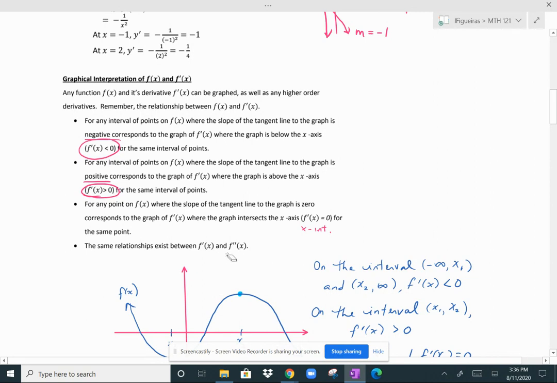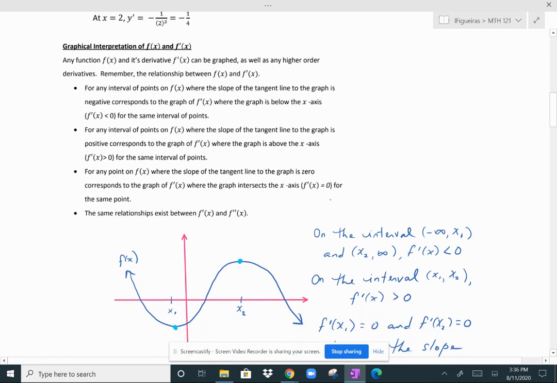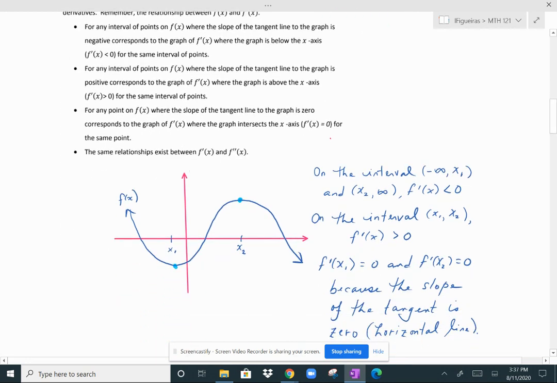All right, so let's try to explain that on a graph so that it makes more sense to you. So notice that I've drawn here a graph, f of x, that's in blue. And I have two values represented on this graph at x sub 1 and at x sub 2.